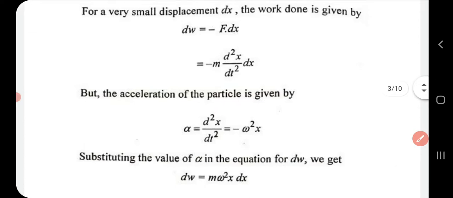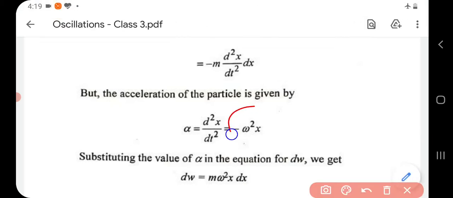Okay, but in the last class, we have already studied an expression for acceleration of a particle executing simple harmonic motion. What is it? Alpha is equal to minus omega square x. Alpha is the acceleration, and its expression that we have studied in the last class is minus omega square x.